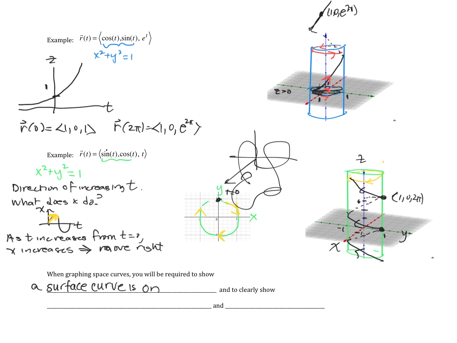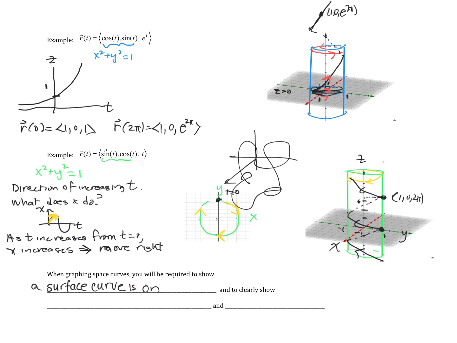Now, if you're not using color, you want to make sure that that surface is lighter, like maybe a really light color pencil where the curve is darker, because you want to make sure you realize that the surface itself is not the graph. It's helping me visualize the graph, but it's not the graph. So a surface that the curve is on, you need to show that.